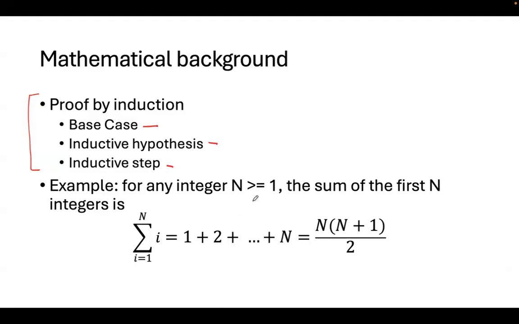So for example, let's say we want to prove that the sum of n integers, the sum of however many successive integers, is equal to this nice, beautiful formula. That way we don't have to actually go and add all of them up. If we know what n is, if we know where we're stopping, we can just use this formula and don't have to do any of the more complicated things.